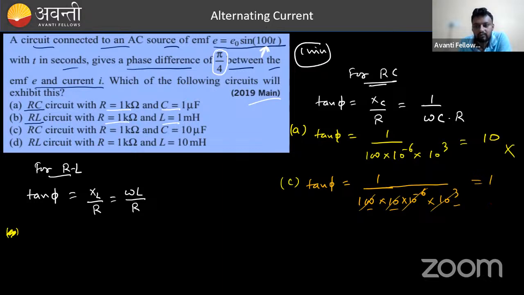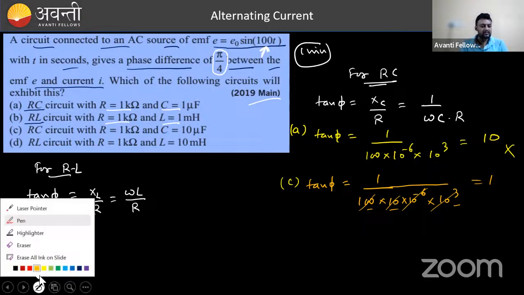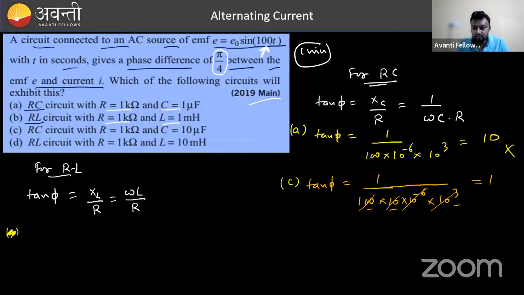So that comes out to be 1. If tan phi is 1, that means this is our answer. Option C is my answer, because at option C we are getting tan phi equal to 1, that is phi equal to 45. Is it clear?